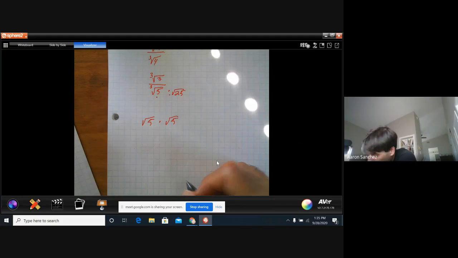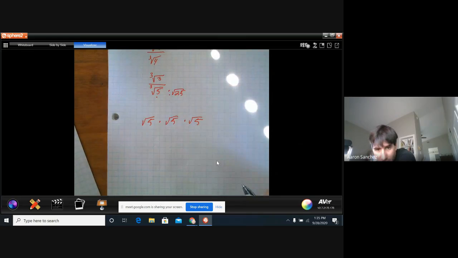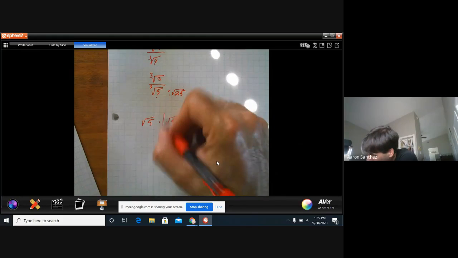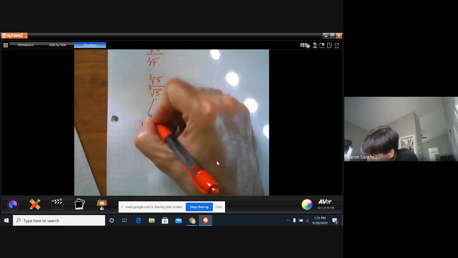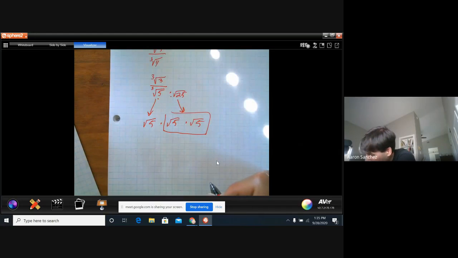No. So what do I have to multiply by again? 5, or the cube root of 5. There's your 3 fives. 5 times 5 times 5 is 125. I have this one here, and I just have to multiply by 2 other 5s to make it a perfect cube.